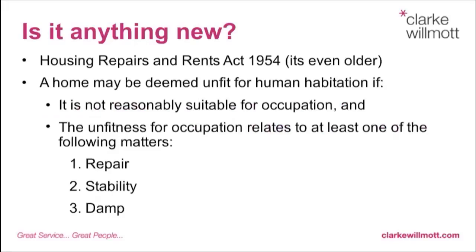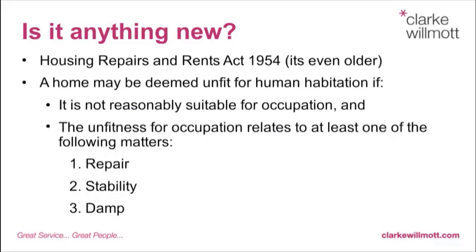And the reason I say that is because the idea of something being deemed unfit for human habitation has been around for some time. What I mean by this is that the idea of fitness for habitation was first raised in 1885 under the Housing of the Working Classes Act. And since then, it's either been re-enacted or amended.